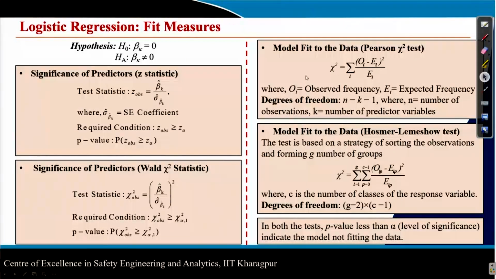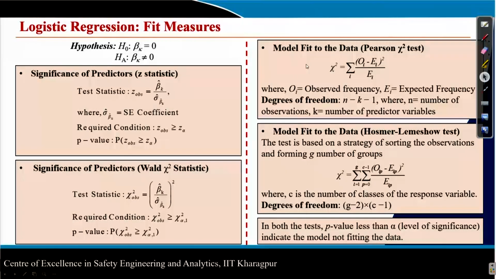In addition, you may be thinking, okay, some of the predictor variables are significantly contributing, but that doesn't mean your model is very good. From the model fit point of view, it is about how much error is coming out of the prediction.